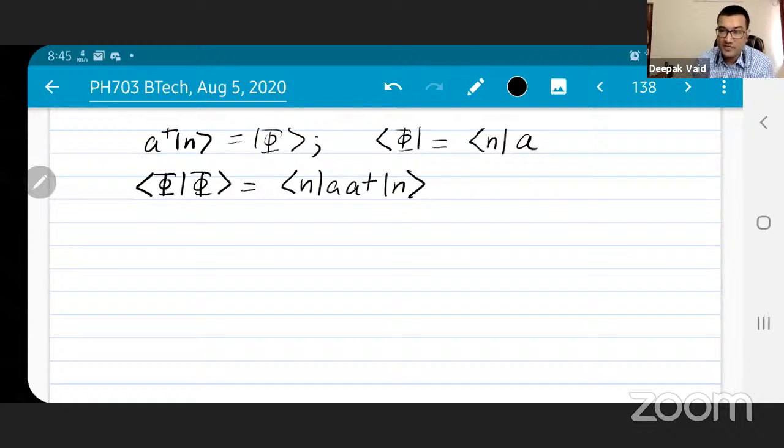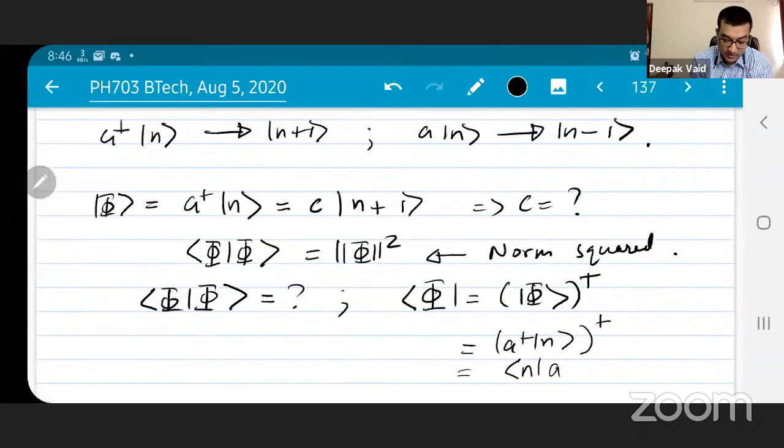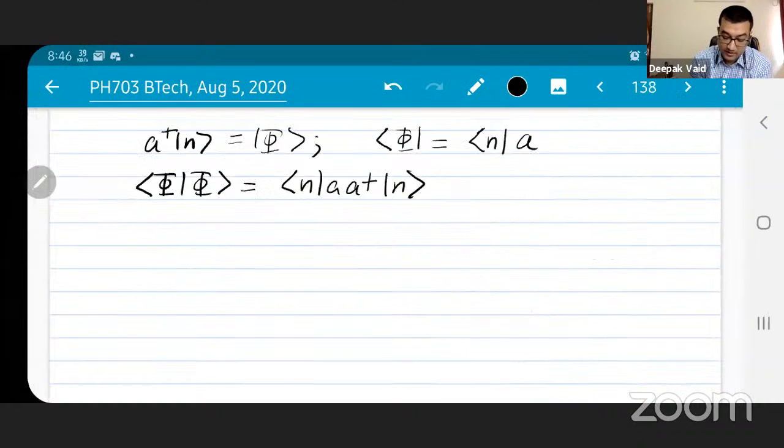I've gone through these steps a little bit slowly. They're very simple and straightforward. I could just have jumped from this expression to this expression without the intermediate steps, but I've shown them so that in case there are any doubts, those doubts are cleared.